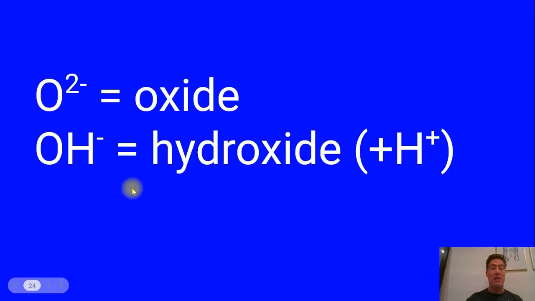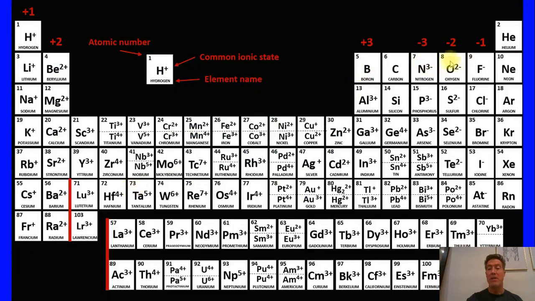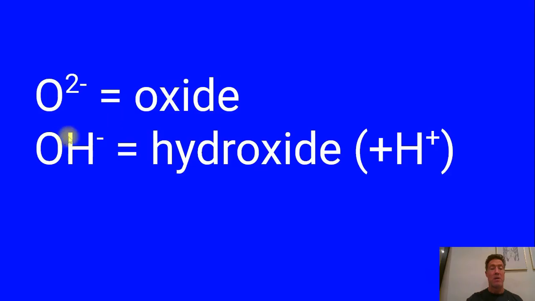How about oxygen? Oxygen, again, like the sulfur, is in the -2 group. So here's one way to think about hydroxide. Hydroxide is this O2- with an H+ added to it, and that H+ is going to reduce this -2 charge to a -1. So hydroxide is simply the oxide plus a hydrogen, making it a -1.